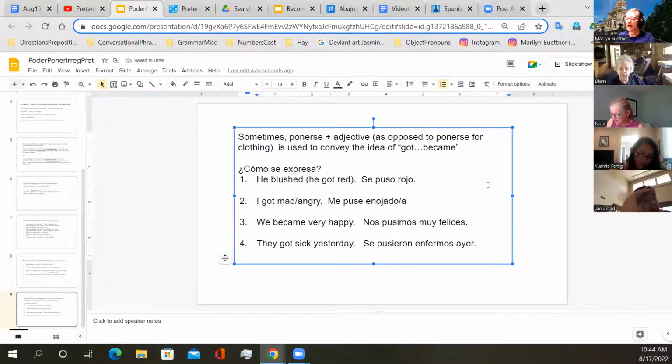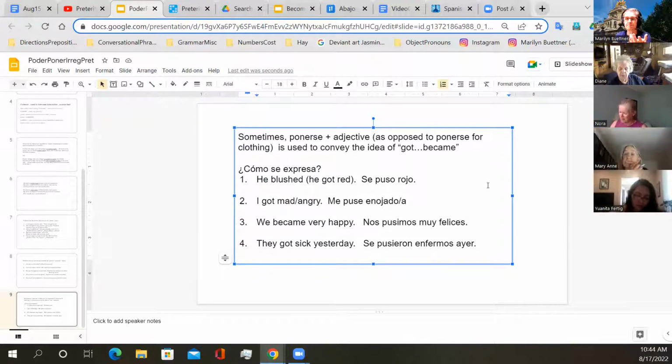And that se pusieron makes the onset kind of definite and quick. The se pusieron enfermos usually indicates that it was a physical reaction. It happened kind of quickly. It's not they were getting sick, it's they got sick. It's a definite event-related thing.